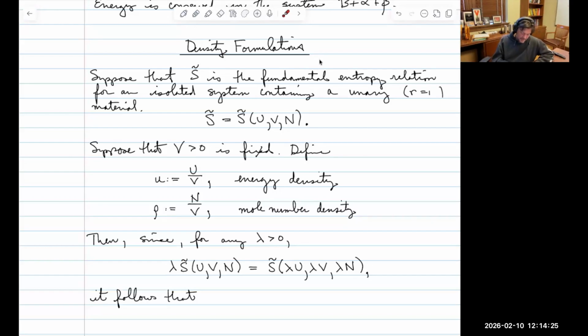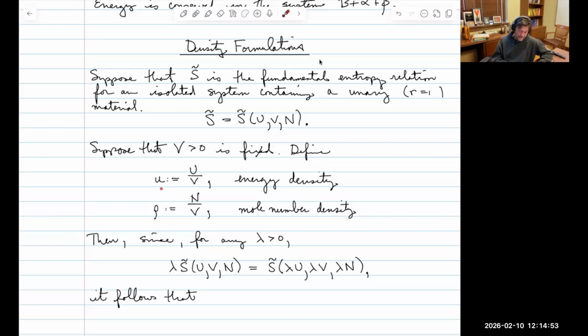So let's suppose that V is fixed and we define the energy density, which is energy per volume, U divided by V. This gets the lowercase variable u. Previously, we used the same lowercase variable for the molar quantity, so be careful here. We can't introduce another variable, we have to stick with this one, so we're going to overload it and redefine it.